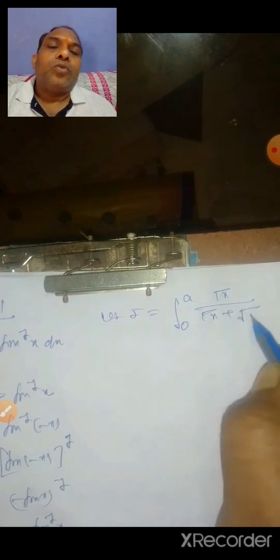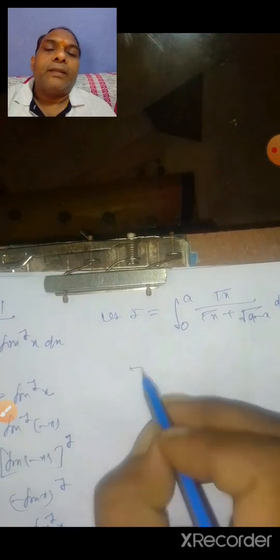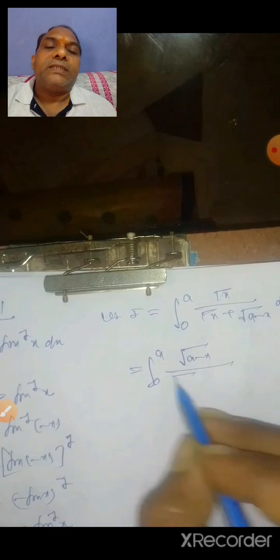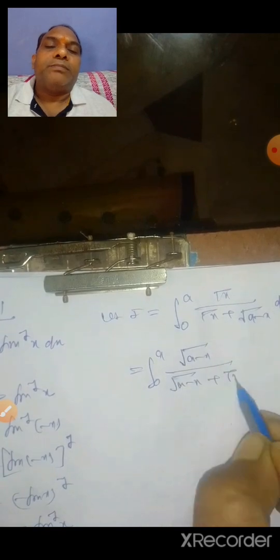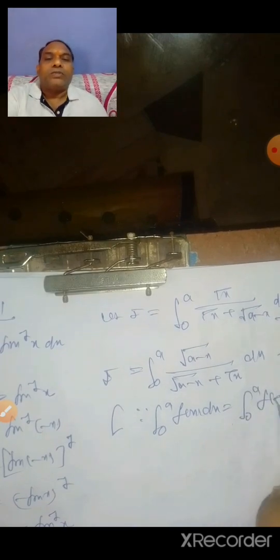So let I is equal to 0 to a root x upon root x plus root a minus x. Equal to 0 to a, you can write it, root a minus x upon root a minus x plus root x, because by using the property 0 to a f(x) dx is equal to 0 to a f(a minus x) dx.